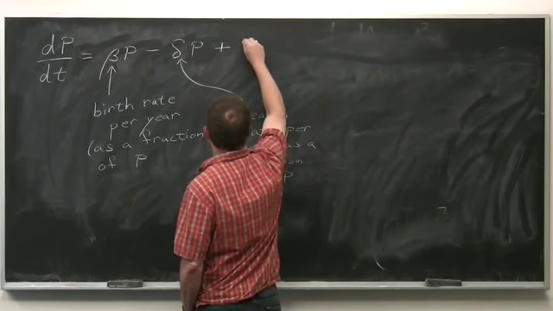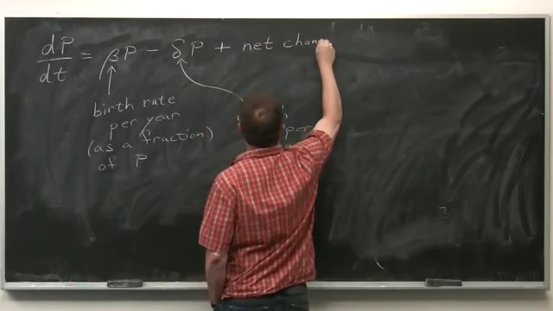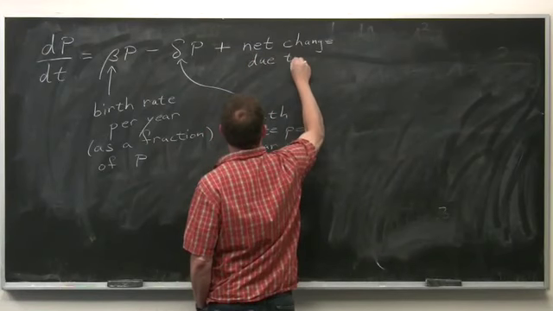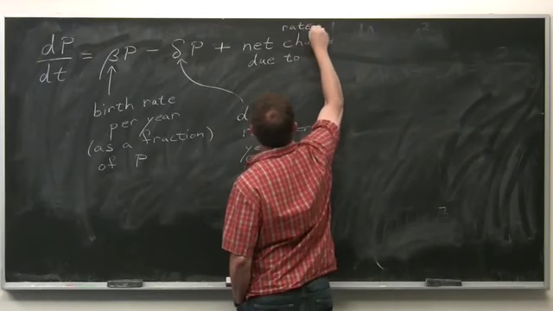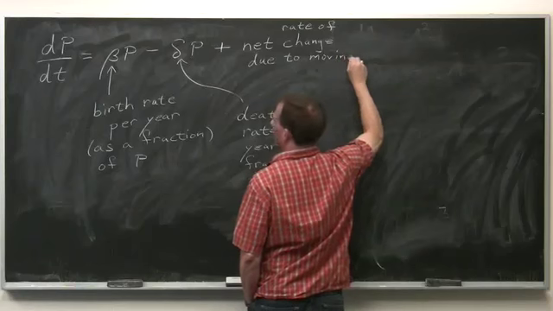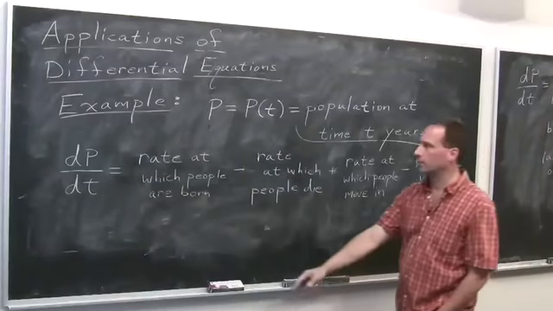So there's some plus the net change due to moving. You might as well lump them together. The net rate of change due to moving, so people moving in and moving out. So let me pick some numbers and let's look at what happens.